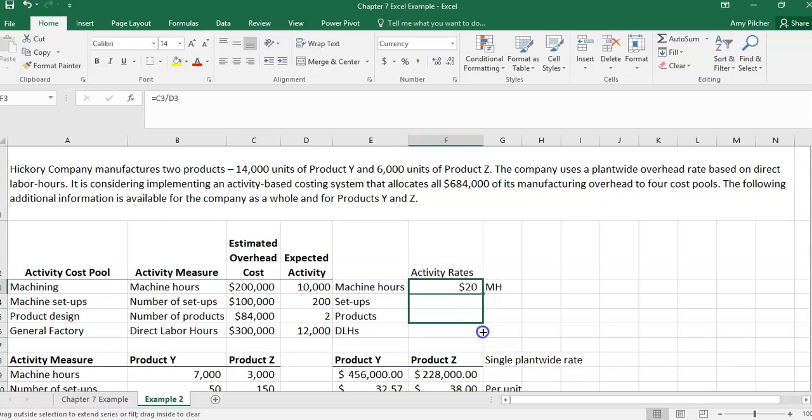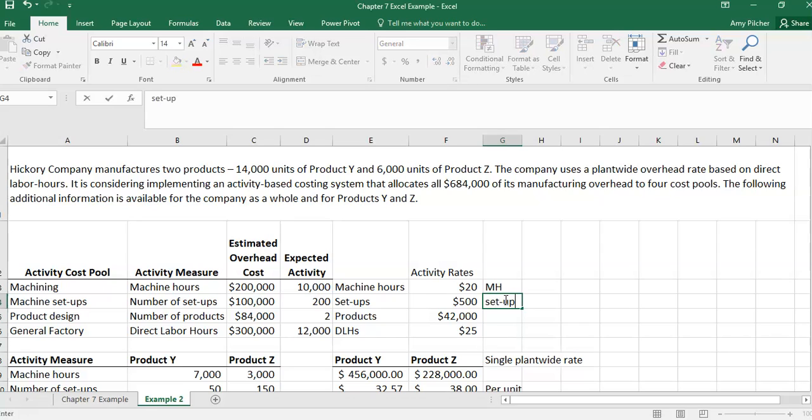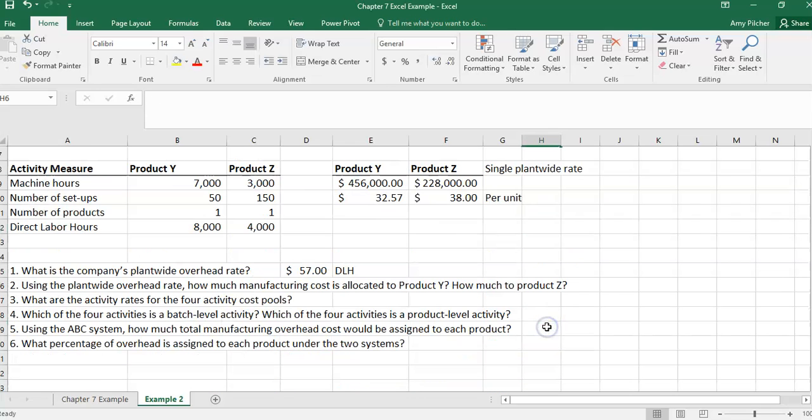We can copy that formula down. For setups, we get a rate of $500 per setup, $42,000 per product for design, and $25 per direct labor hour for general factory overhead. So that answers number 3.